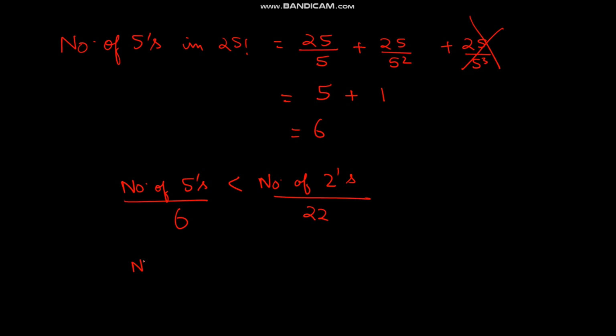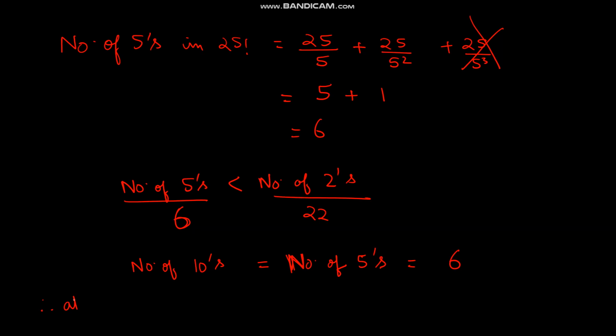The number of tens will be equal to the number of 5's, because to form 10 we need both 5 and 2. The lesser one is 5, so the number of tens is equal to the number of 5's, which is 6.